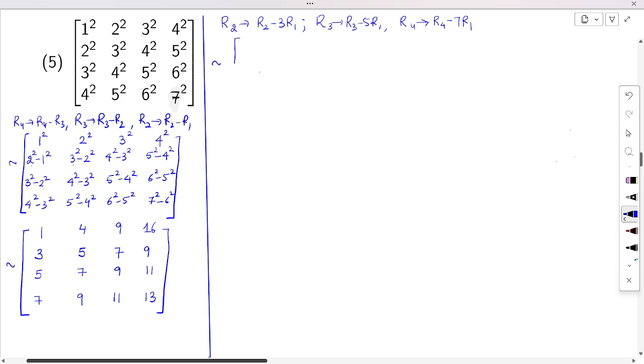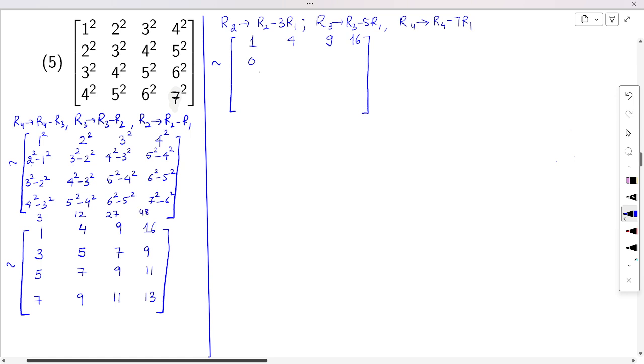So this matrix becomes 1, 4, 9, 16. Multiply this row by 3, this becomes 3, 12, 27 and 48.